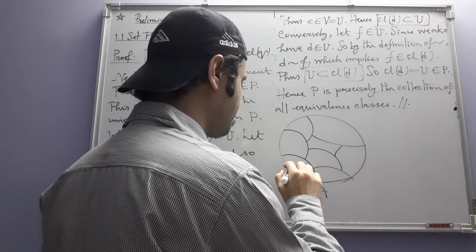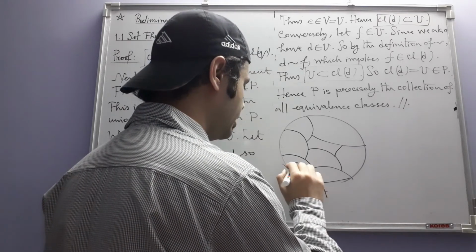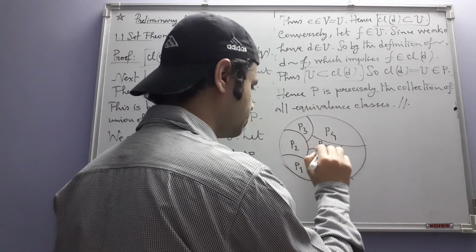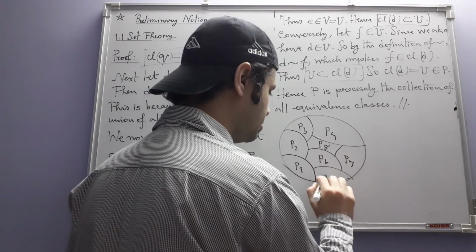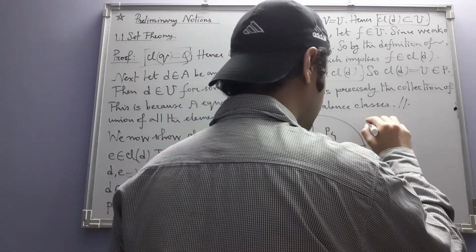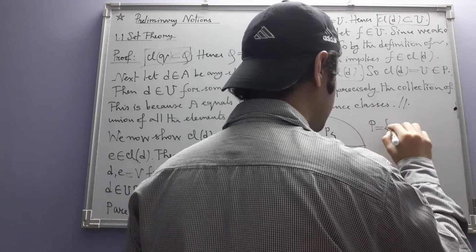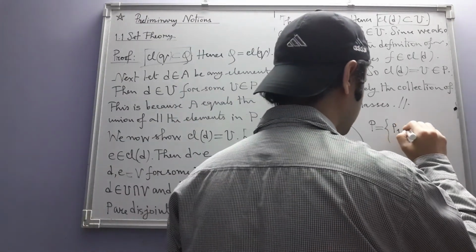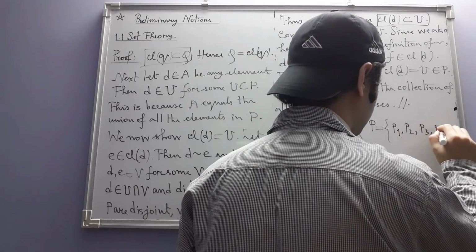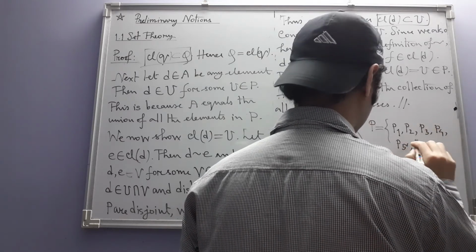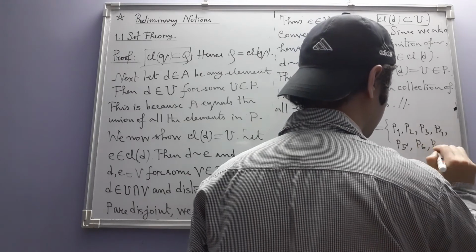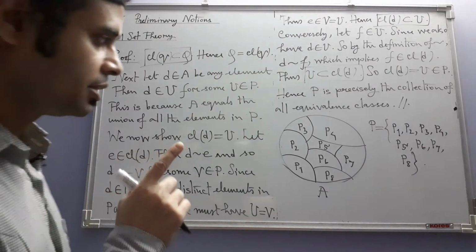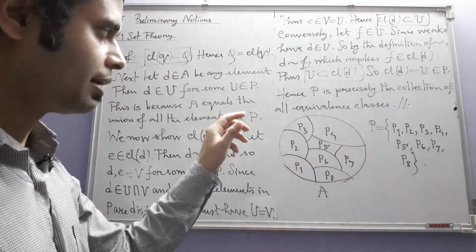Say I name them also P1, P2, P3, P4, P5, P6, P7, P8, and P is the collection of these compartments. These are nothing but subsets of A.